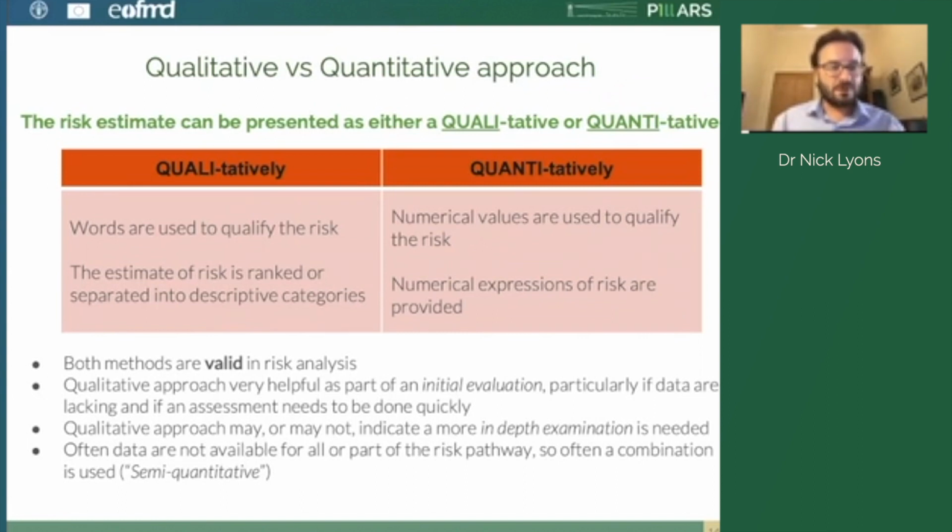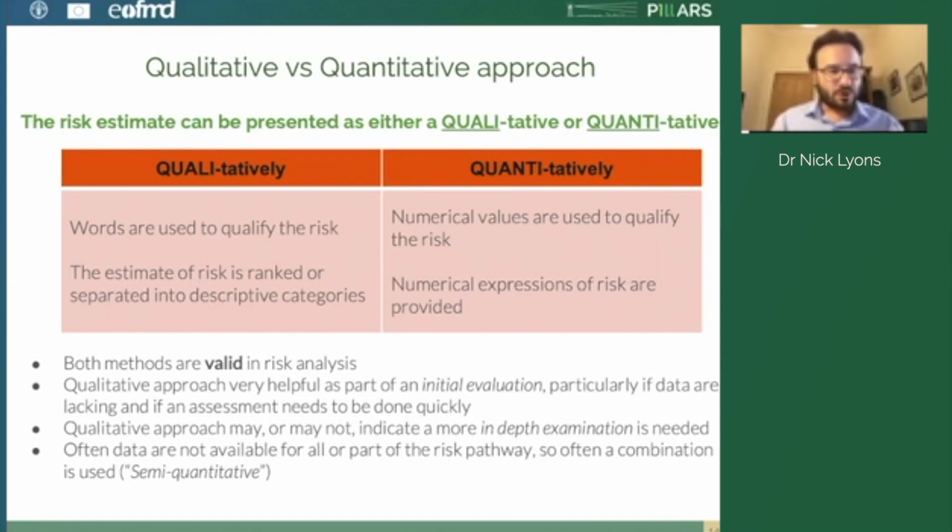Both of these methods are valid in undertaking risk analysis, but they're used in different ways in different circumstances. Qualitative approaches are very useful as part of an initial evaluation, particularly if data are lacking, or you need to do an assessment very quickly, because the quantitative approaches can take a lot longer and often need quite a lot of data.